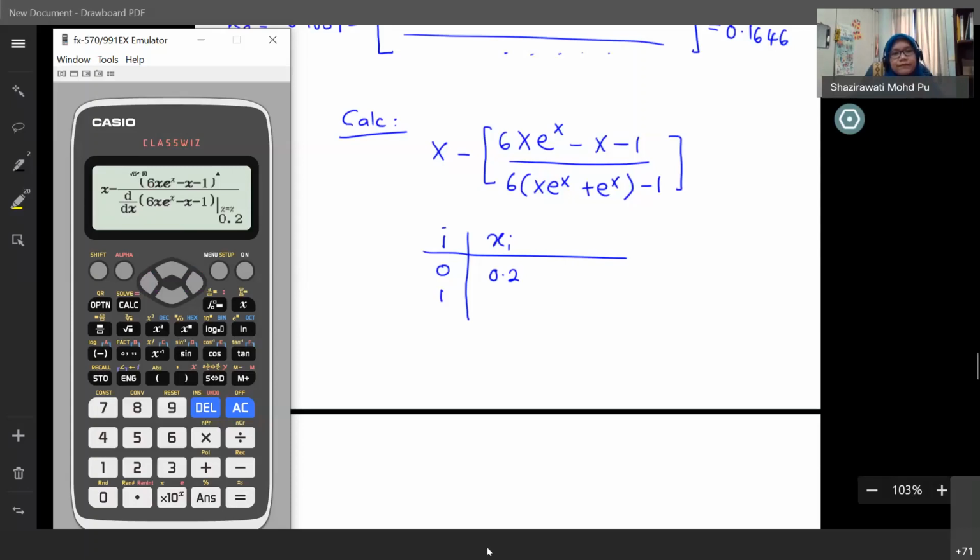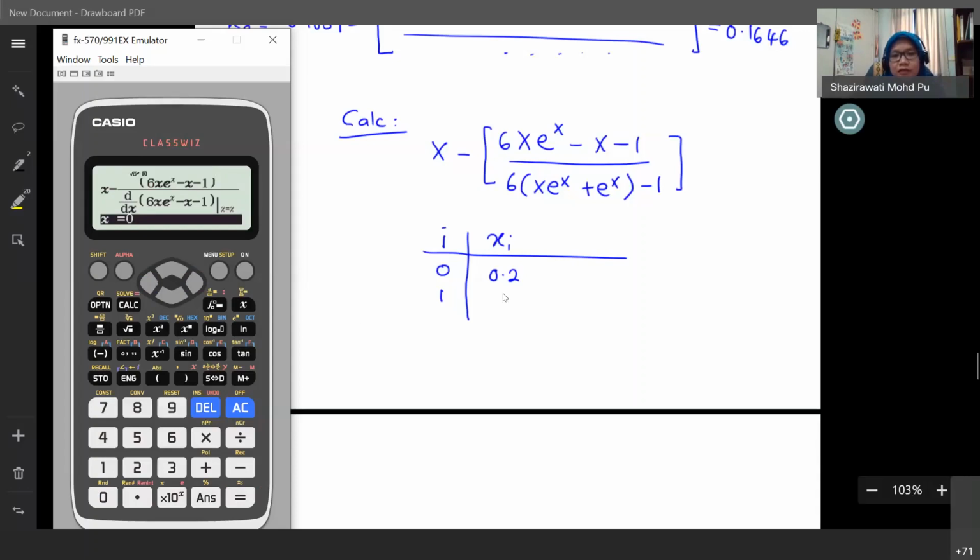For the first time, it depends. If you already have the value of x, then x is 0.2. Now if we use the calculate button, your calculator will ask what is the value of x that you want to use.